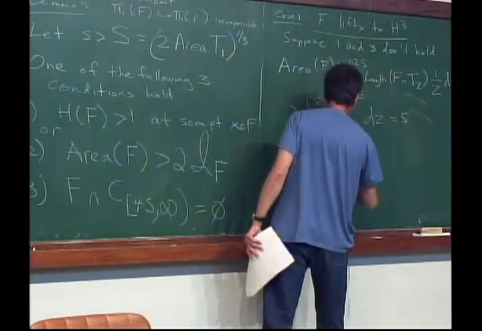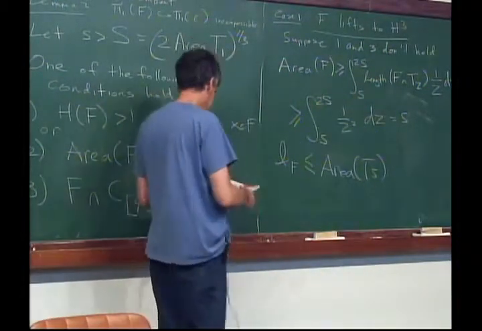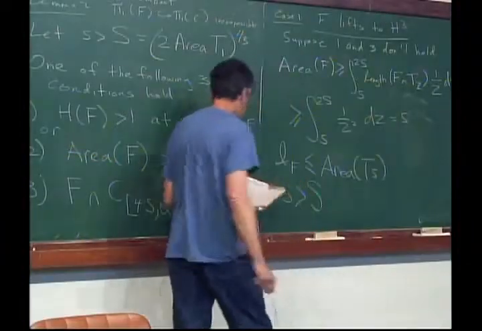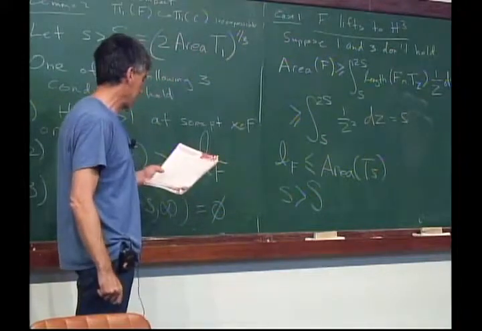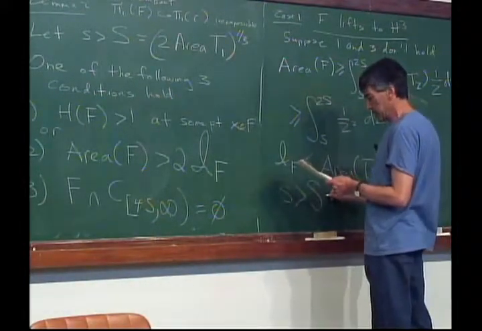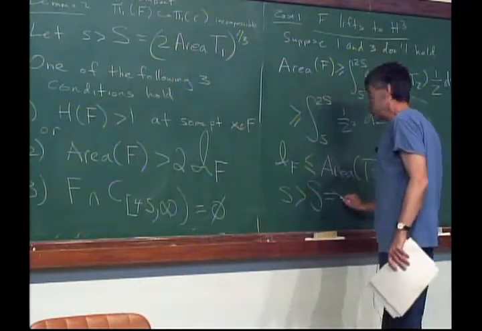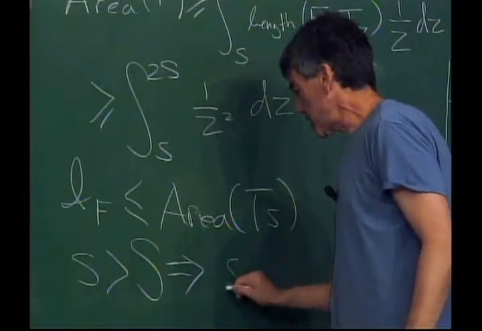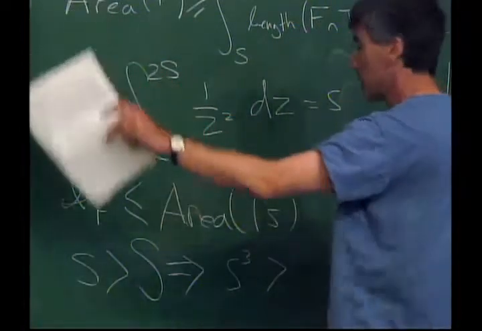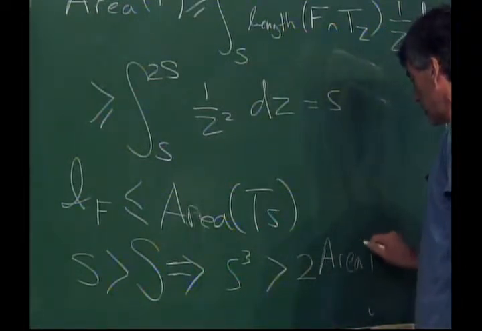Let me write it like this. But now, the way we've chosen s, we've chosen that s is bigger than capital S, which is given here. So that implies that little s cubed is bigger than the cube of this, which is twice the area of T sub 1.